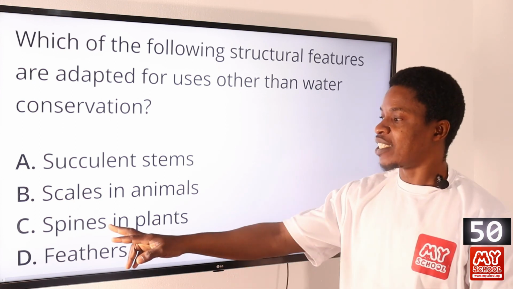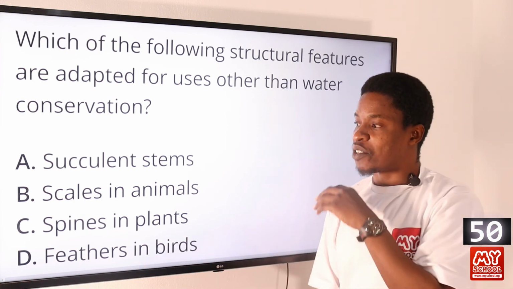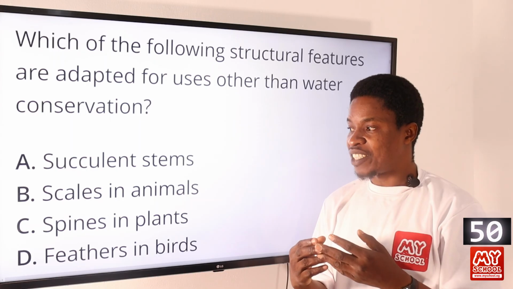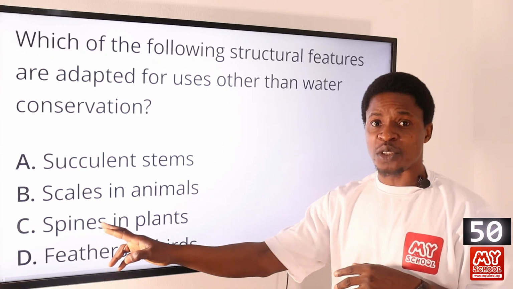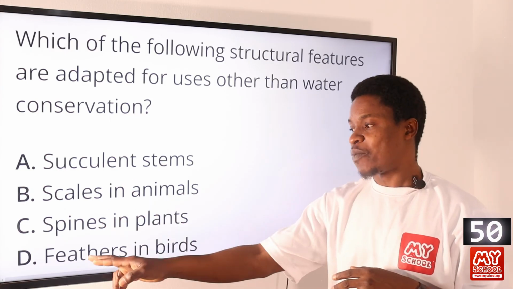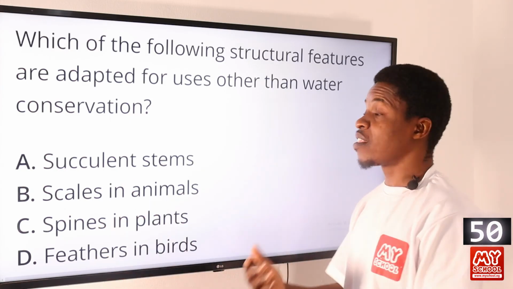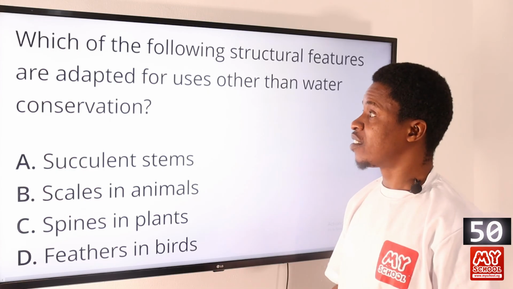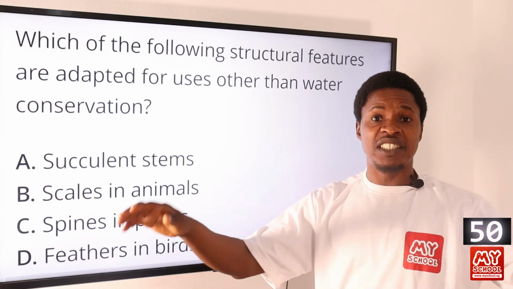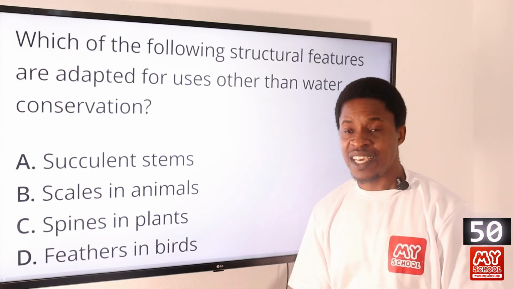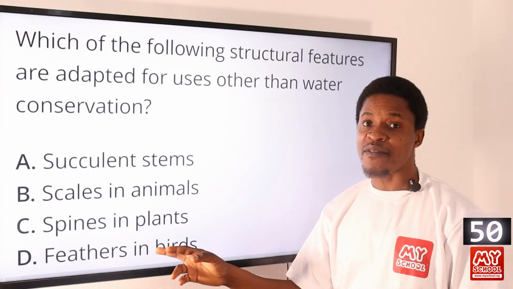Look at this. Spines in plants. Besides water conservation, they can also help some organisms make a habitat, but that does not have much function compared to that. Feathers in birds, yes, feathers can help birds conserve the water content in them, and they can use it for flight, that is correct, but that does not have more uses.